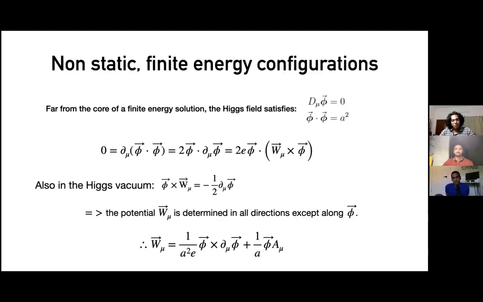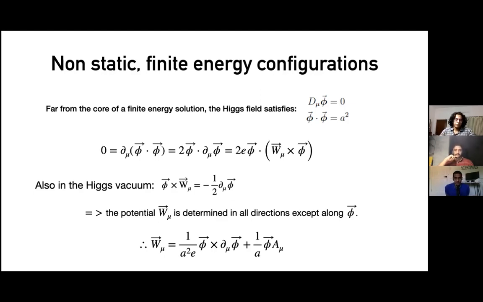That comes from the first condition, basically taking the definition of the covariant derivative and expanding it. So that's what I meant when I said also in the Higgs vacuum. That should be true. So the gauge potential is determined in all the directions except along phi.